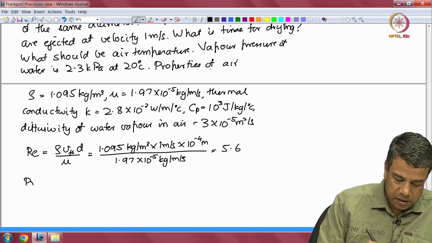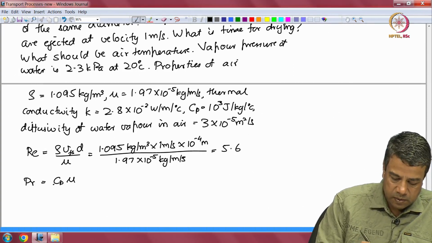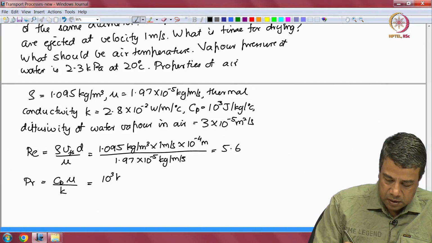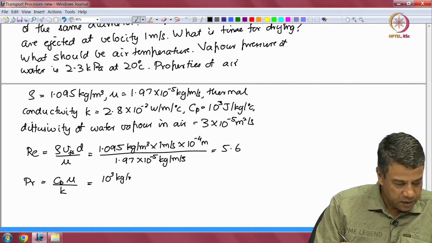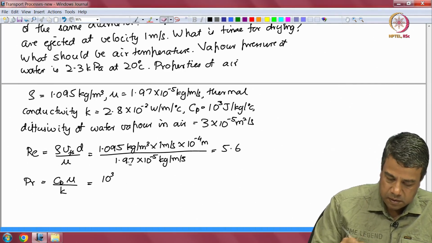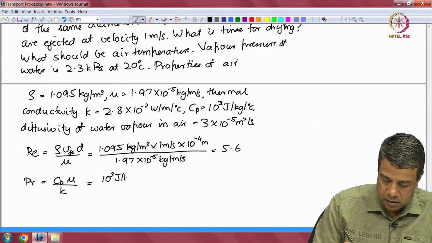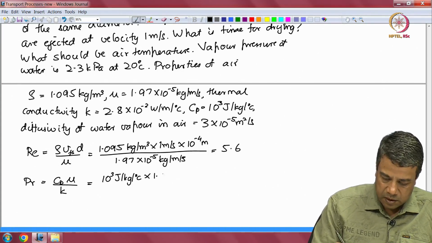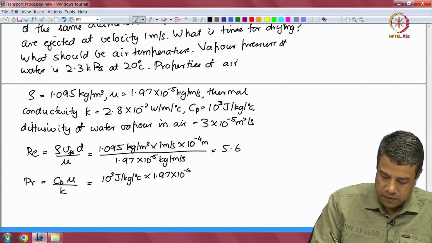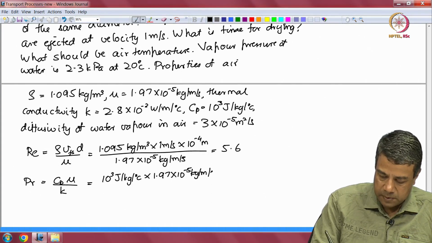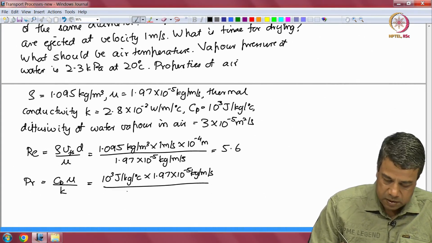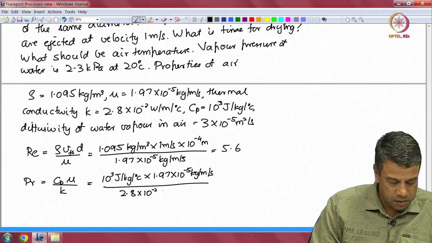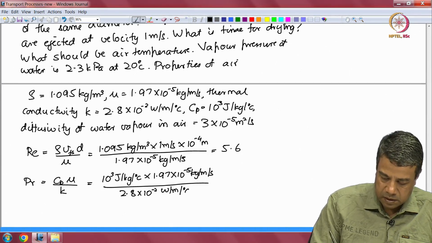Prandtl number is equal to Cp mu by k, which is 10 power 3 joules per kg per degree centigrade, into mu, which is 1.97 into 10 power minus 5 kg per meter per second, divided by k, which is 2.8 into 10 power minus 2 watts per meter per degree centigrade.